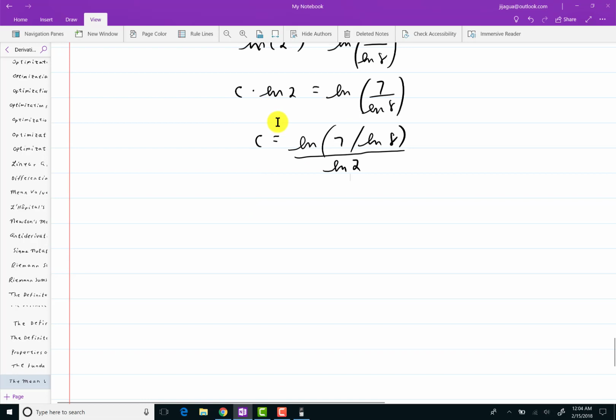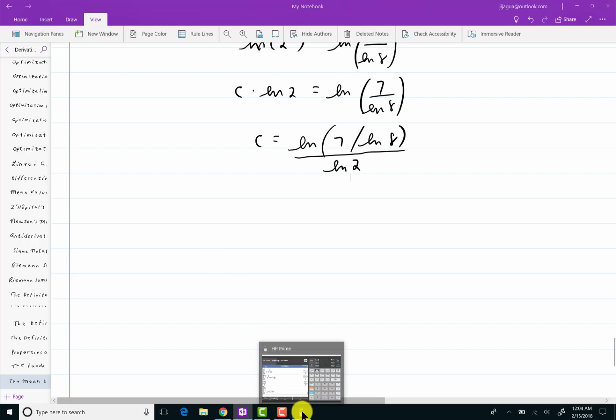I wouldn't try to do much simplifying here. What I do want to do is check to see if this is in the interval from 0 to 3. I honestly can't tell you off the top of my head. Ln of 8 might be around 3, then 7/3 is a little bit bigger than 2. It feels like it's going to be in there, but let's check it with a calculator.